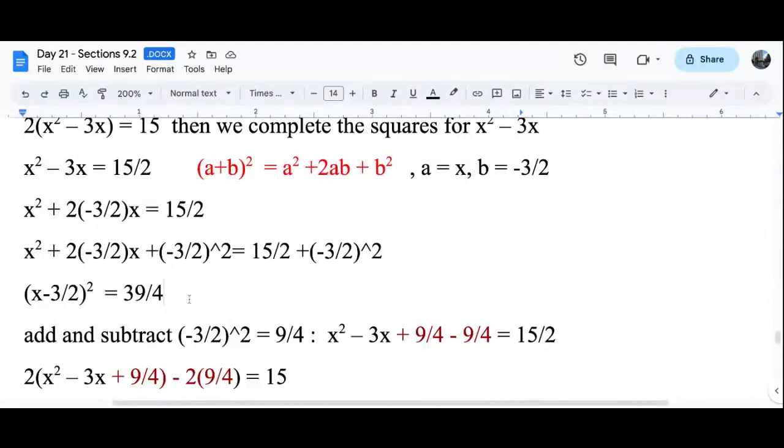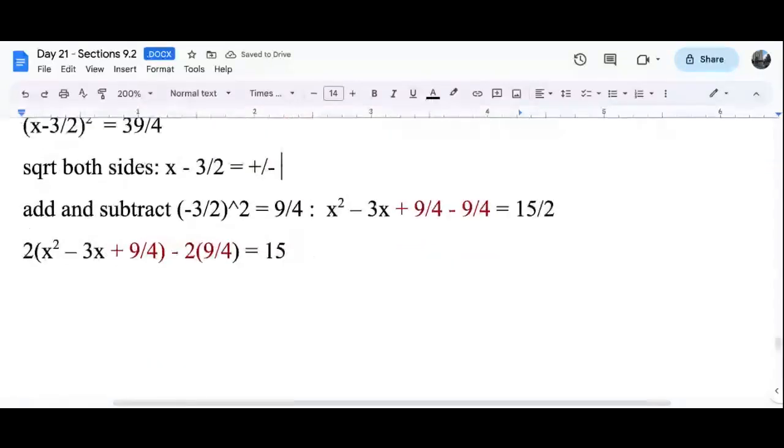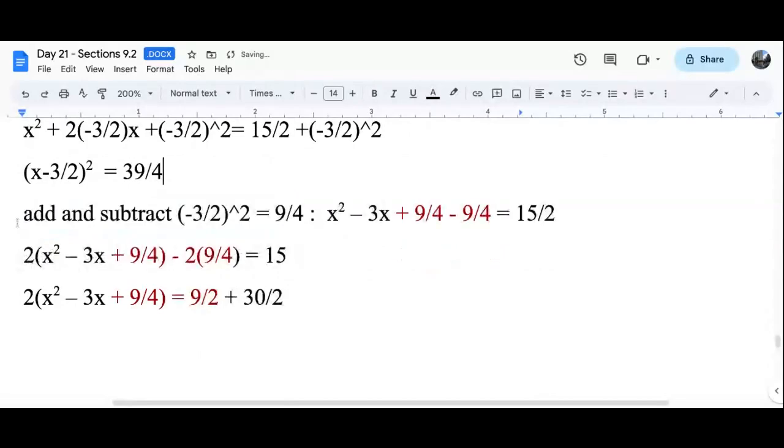Then we square root both sides. Square root both sides. We get x minus 3 over 2 equals plus or minus square root of 39 over 2. It's exactly the same as before. That's why, here I add then subtract.